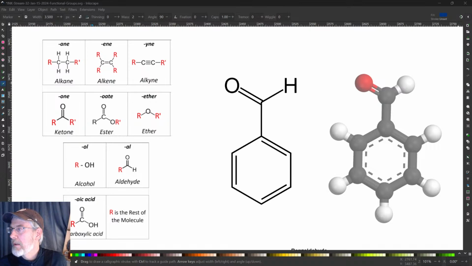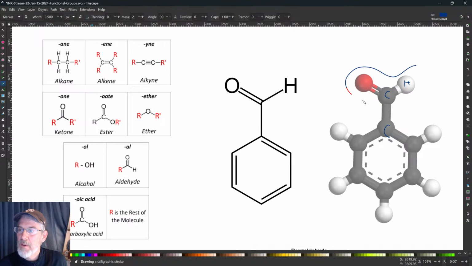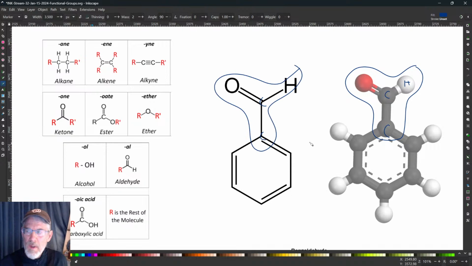That's pretty exciting. Okay, so back to chemistry. We have a carbon here, and a hydrogen. It helps to circle them like that, or we got our carbons here, circle them like that to help you to see what you have there.